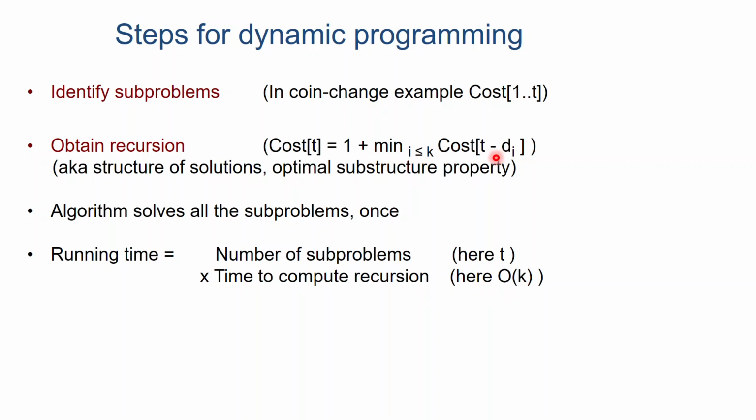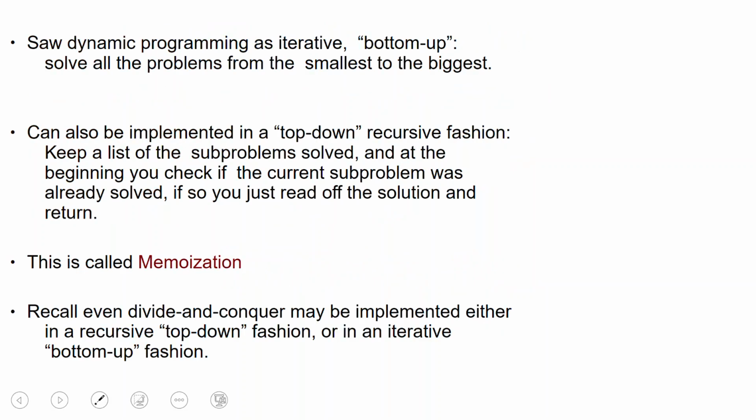And as a final comment for this video, we just saw dynamic programming as an iterative or bottom-up procedure. So you solve all the subproblems from the smallest to the biggest. We started with cost 1, then cost 2, and so on. But you can implement any dynamic programming algorithm in a top-down or recursive fashion.